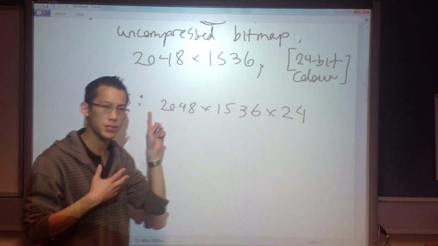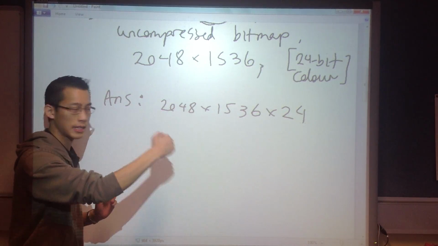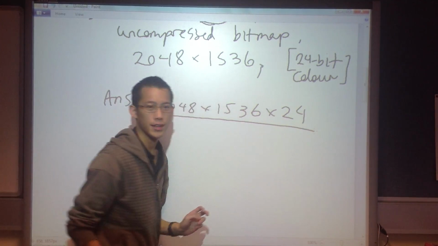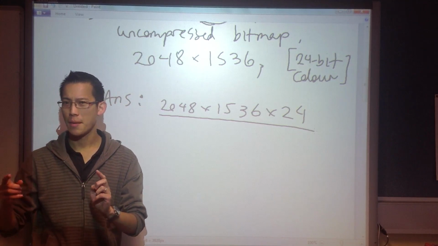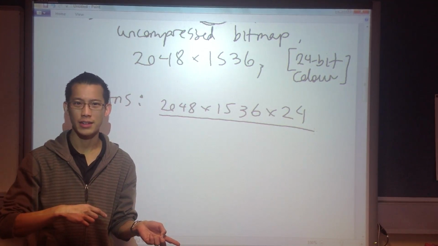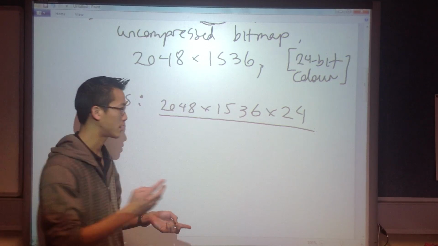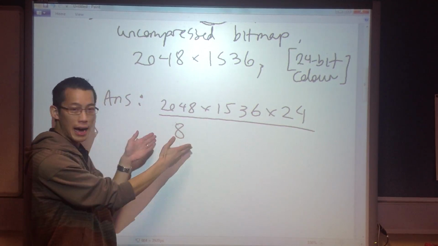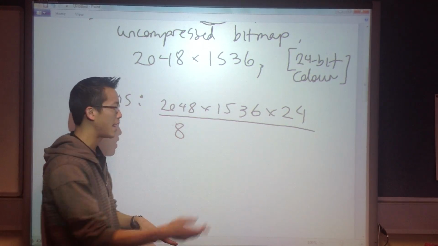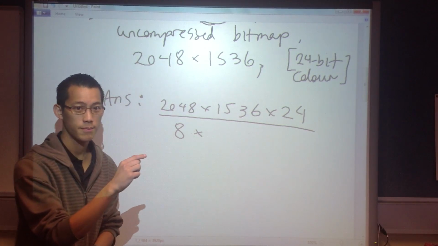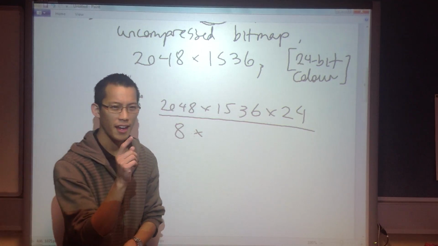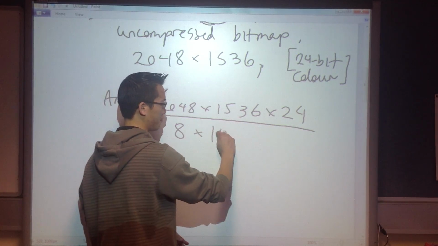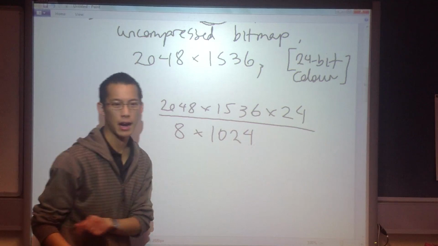So how do I convert from bits to kilobytes? Well, first, to go from bits to bytes, how do I do that? I divide by 8. And then, now I'm in bytes, to go to kilobytes, I have to divide by 1024, which is 2 to the power of 10.